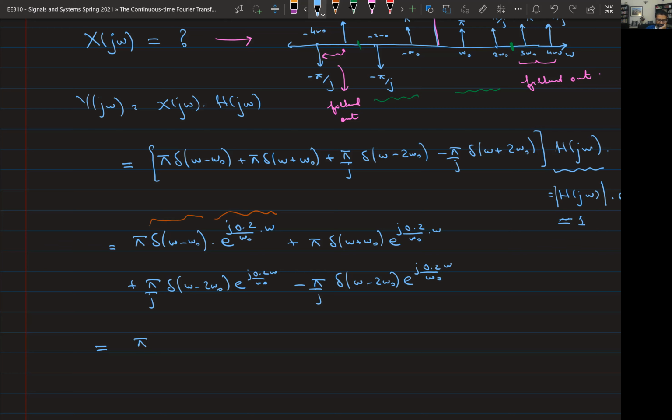Okay, so this is, sir, it will also get phase shifted. So this is just the sampling property of the delta function: e raised to power j 0.2. Yeah, exactly. So omega is going to cancel with omega naught.